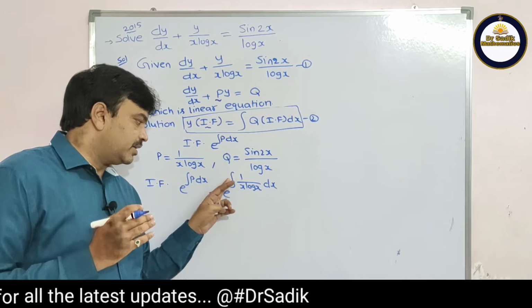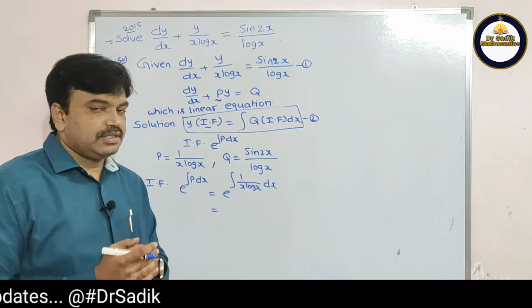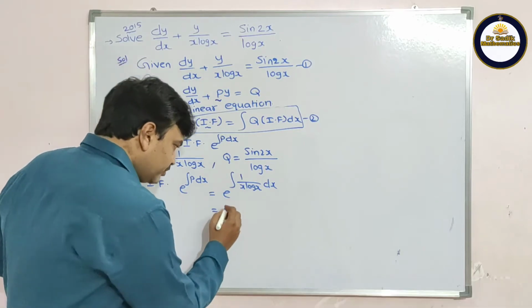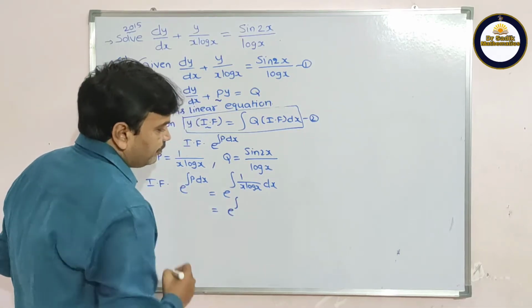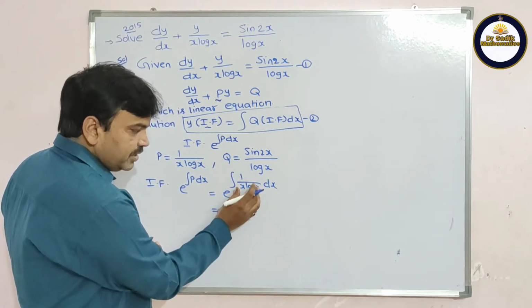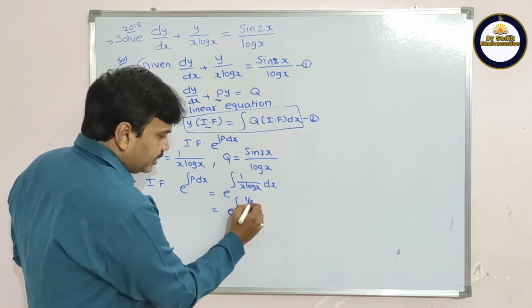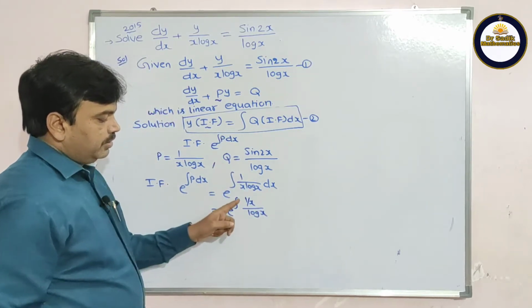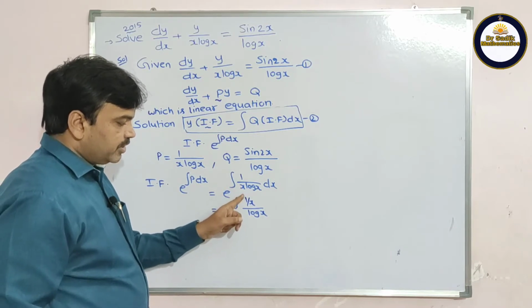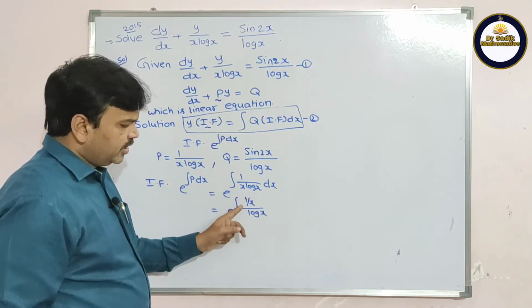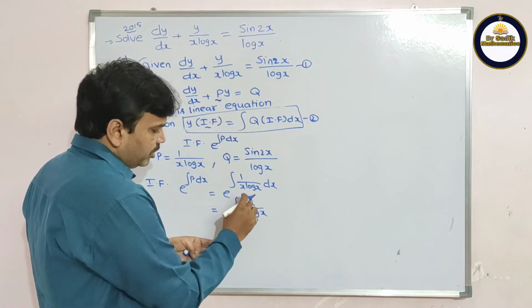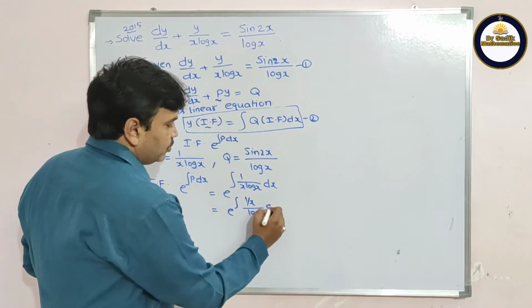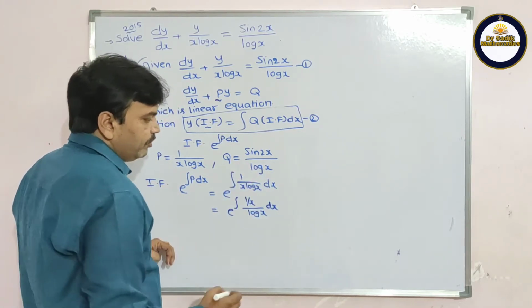Rearrange the terms like (1 by x) divided by log x, so we get the integral of (1 by x) by log x into dx. We know one formula, friends.